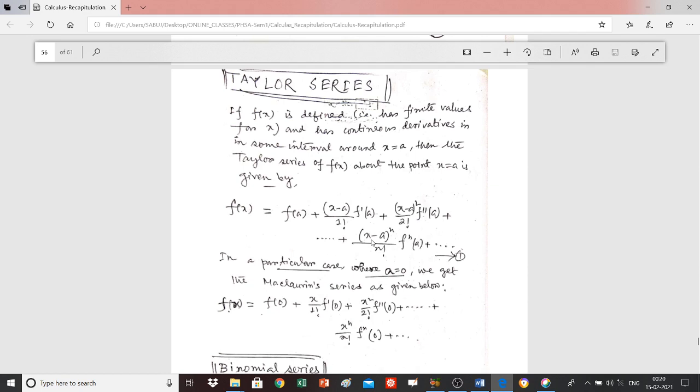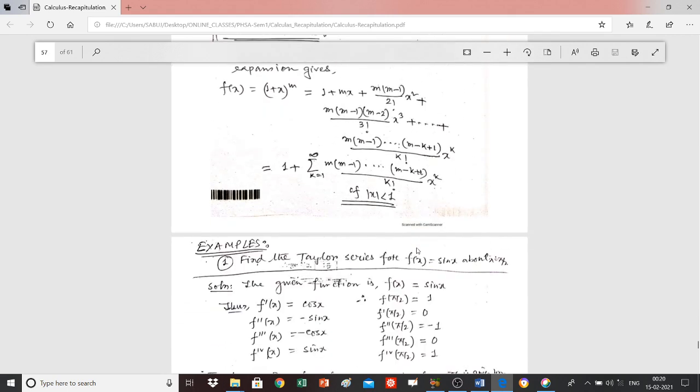In this way, (x minus a) to the power n by n factorial f^n(a). So we are doing that.